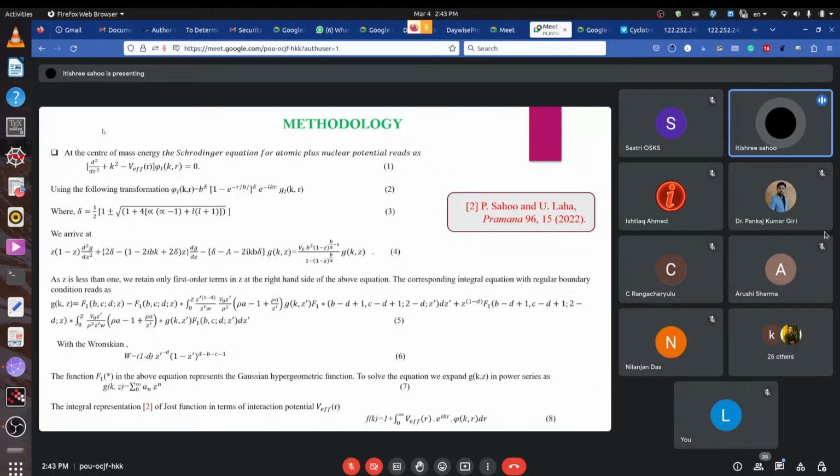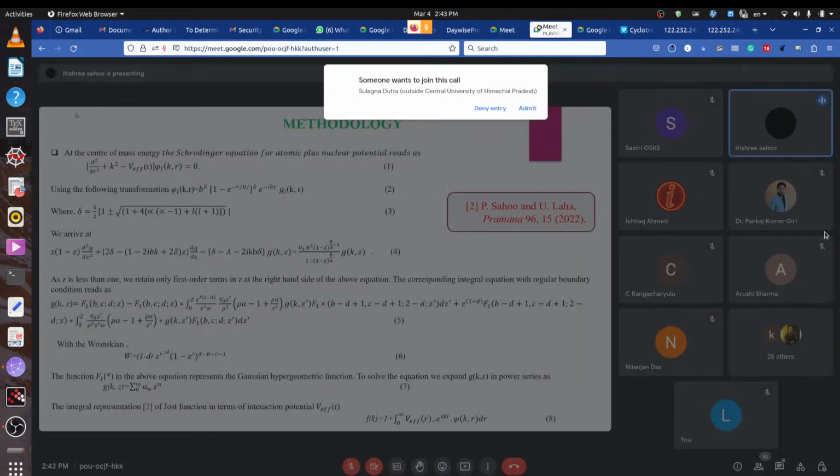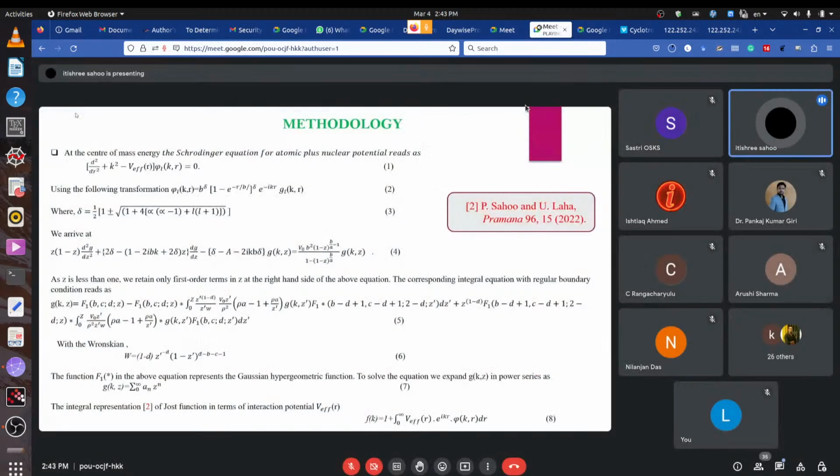And we are using the following transformation as equation 2, where delta is a dimensionless quantity and L takes values 0, 1, 2, 3 and so on.